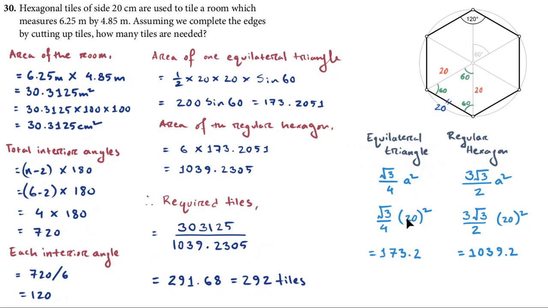As you can see, I used the value 20, and it comes down to the same value, 173.2. For the regular hexagon, there is a formula: 3 root 3 by 2 a square, where a is again the length of a side. So 3 root 3 times 20 square by 2 gives us the same value as this value.